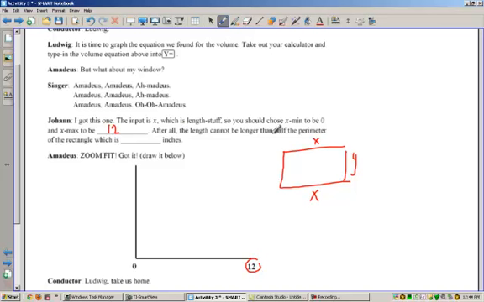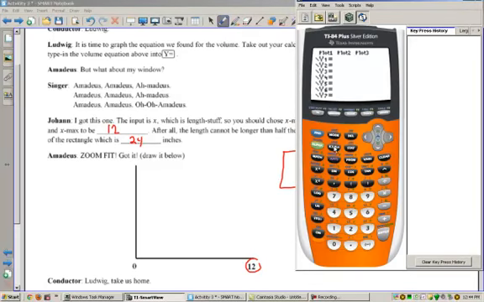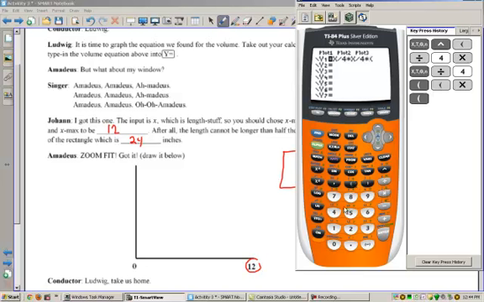After all, the length cannot be longer than half the perimeter of the rectangle, which is 24 inches. All right, so now when I graph this, I hit y equals and graph my volume equation: x divided by 4, times x divided by 4, times left parenthesis x minus 12.